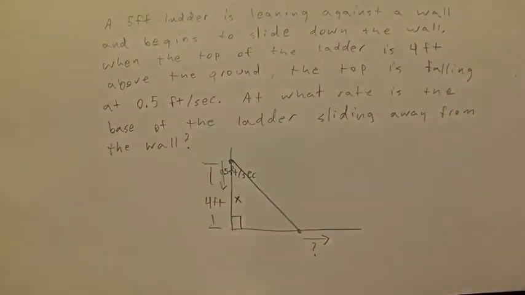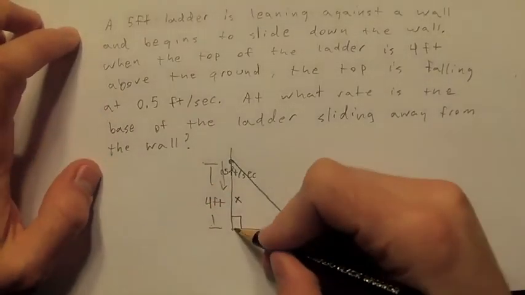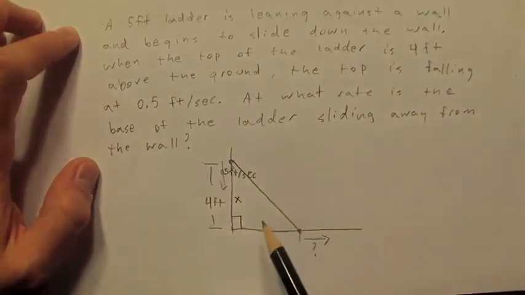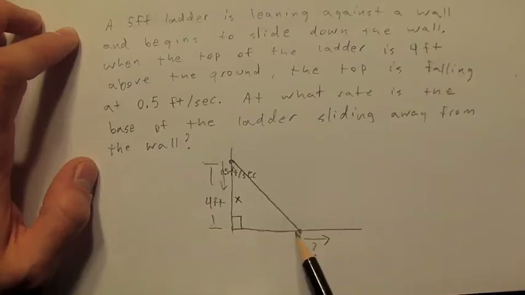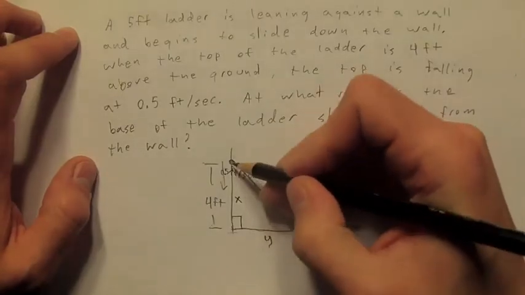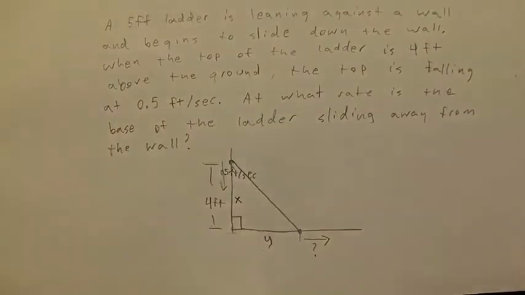It's falling. Since it's varying, I'm giving it a variable. And this length, the distance of the base of the ladder from the wall, is also changing over time because as x decreases, y will be increasing. So since it's a variable, I'm going to call it y.